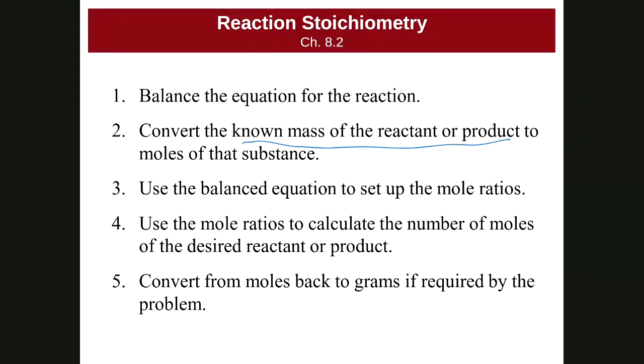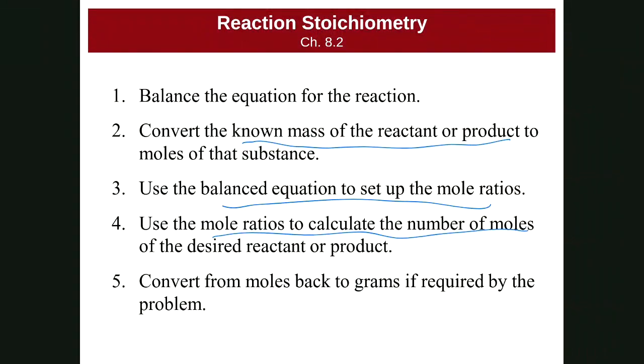All right, so once you have the moles of your known reactant or product, you use your balanced equation to set up the mole ratios, and you use the mole ratios to calculate the number of moles of whatever the question asks for, the desired reactant or product. So you use a mole ratio of what you have to what you want to get your desired reactant or product number of moles.